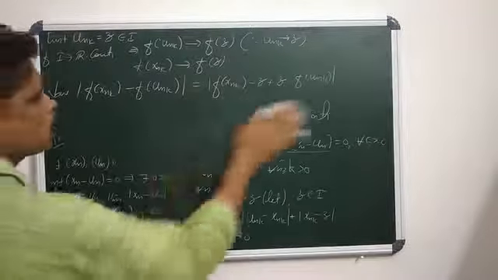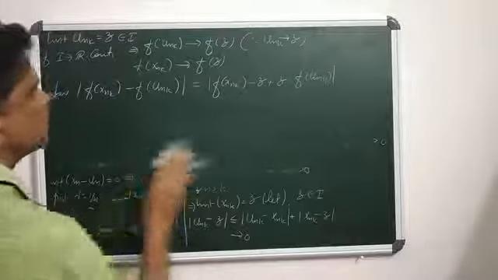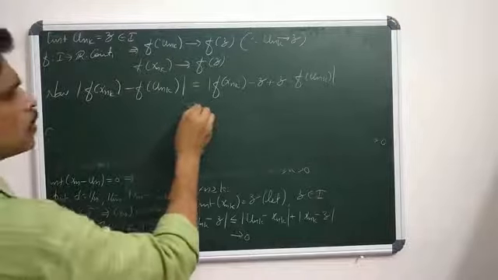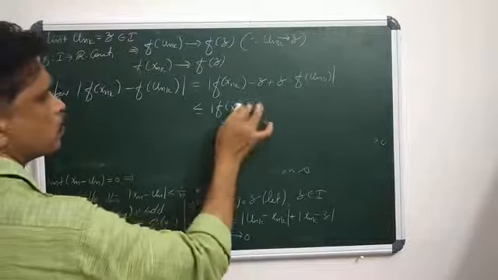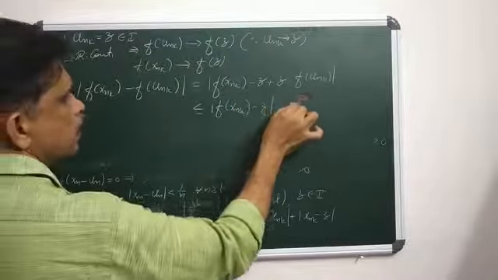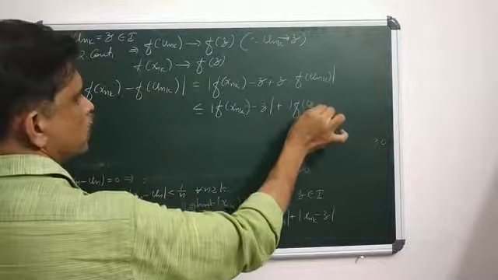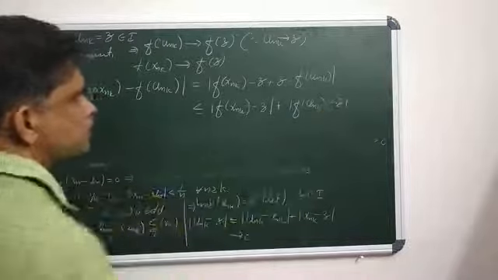Then again by using the triangle inequality, what do you get? It is less than or equal to the modulus of f of x_nk minus f of z plus the modulus of f of u_nk minus f of z.